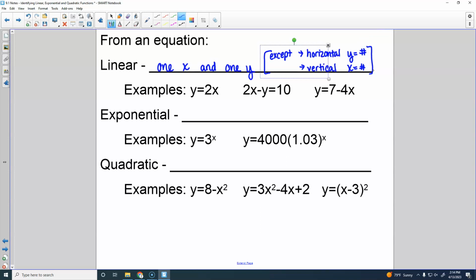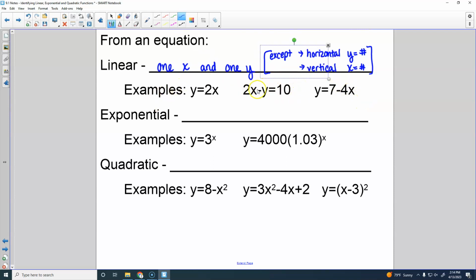So some examples of linear equations. The ones we think of most often are like y equals mx plus b, right? Y equals mx plus b gives us the equation of the line. M is our slope, b is our y-intercept. So like y equals 2x or y equals 7 minus 4x, those should be easily identifiable as lines.